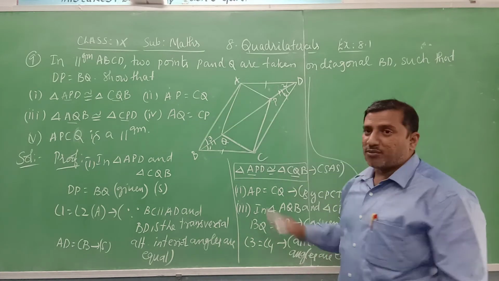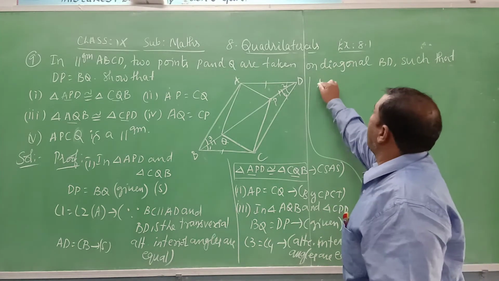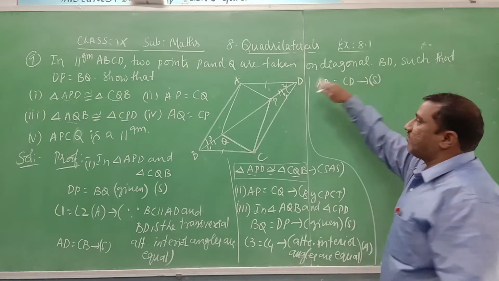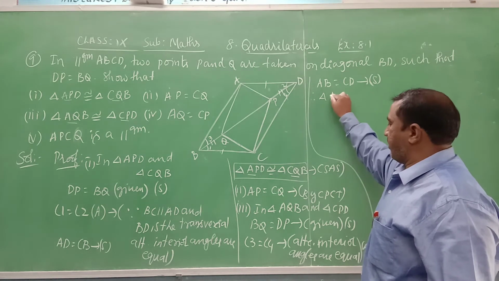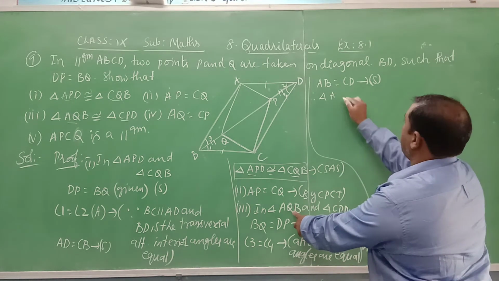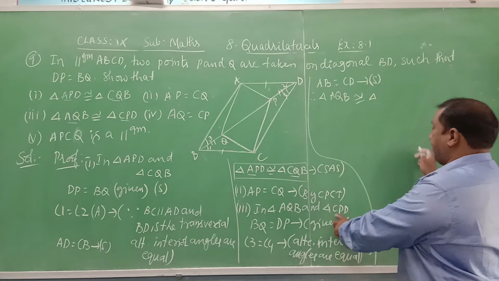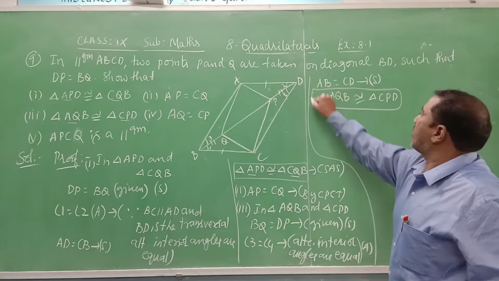Both are equal, opposite sides of the parallelogram. Therefore, triangle AQB is congruent to triangle CPD by which congruency criteria?